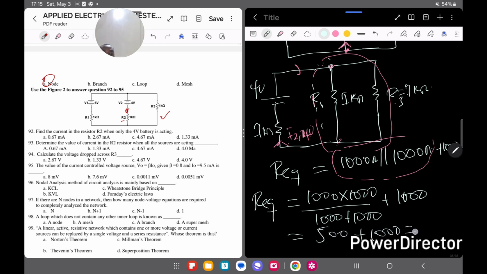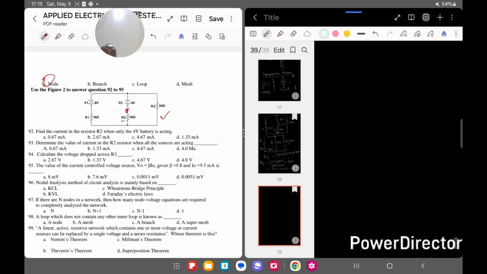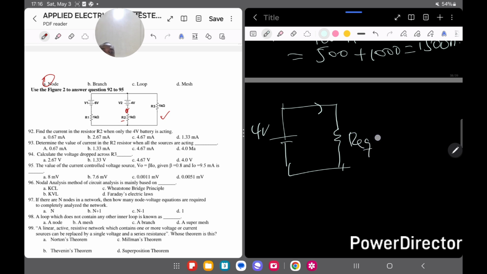So here we get 1500 ohms as the equivalent resistance. Once we've done this, that simply means we now have this kind of circuit. Now our 4 volt source is across an equivalent of 1500 ohms.